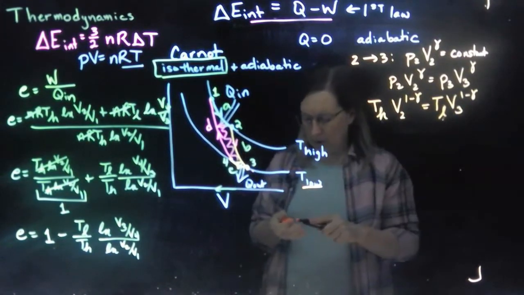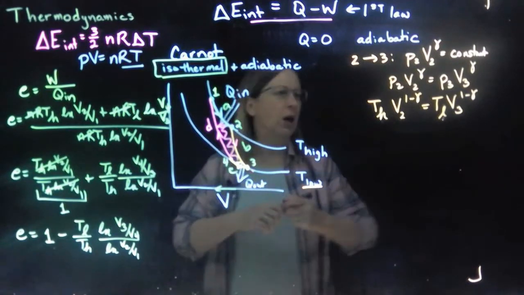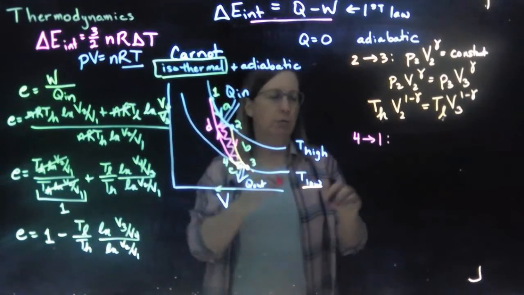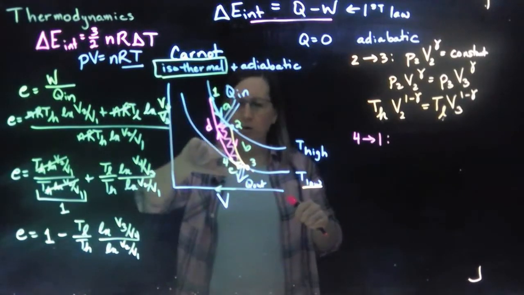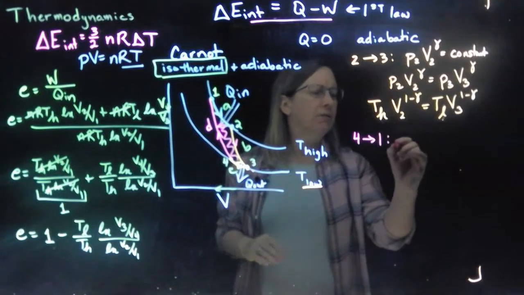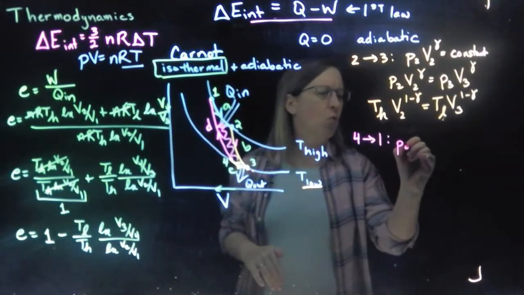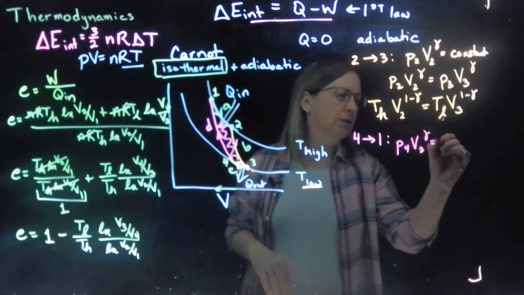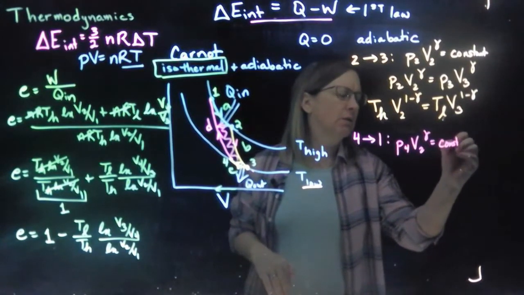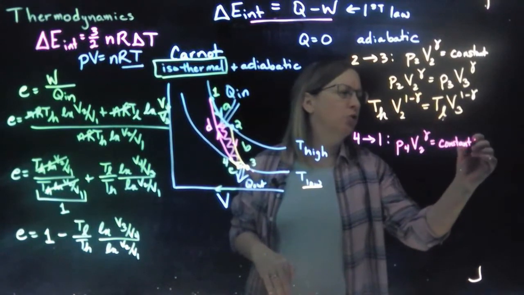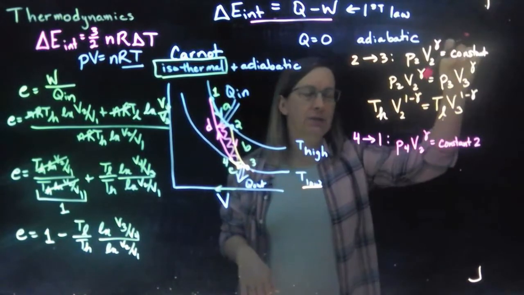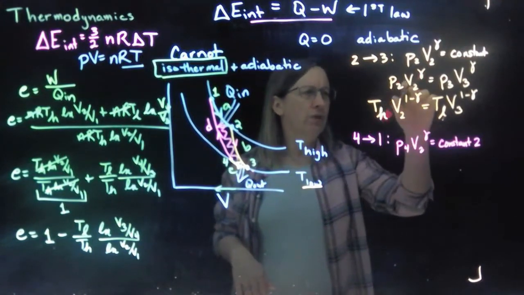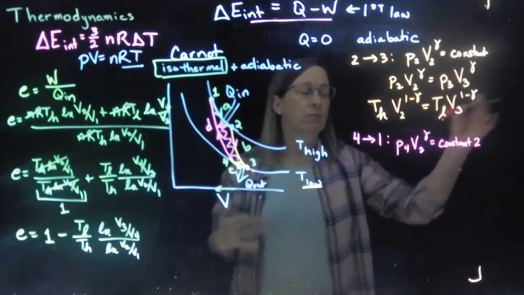I've got a similar thing going on from 4 to 1, or 1 to 4. That tells me it's also an adiabatic process. I've got P4 V4 to the gamma equal to a different constant, not the same constant as up here, but what is true is that P4 V4 to the gamma equals P1 V1 to the gamma.